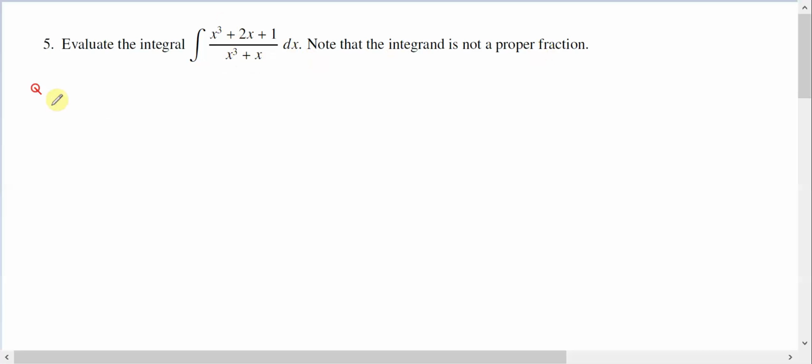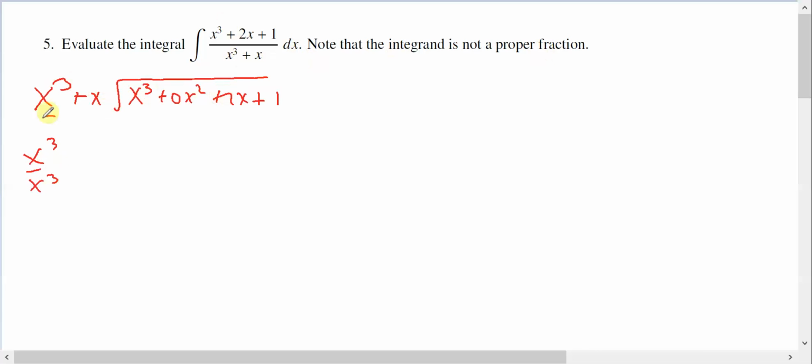So let's start there. Let's divide x cubed plus x into x cubed plus 0x squared plus 2x plus 1. And we can see that the x cubed here is going to divide into this x cubed one time. Multiply that back out, you get x cubed plus x goes here. I'll subtract those.